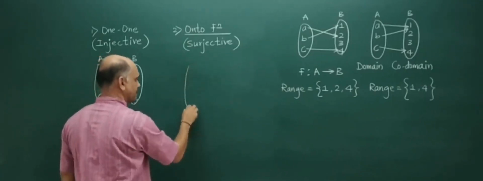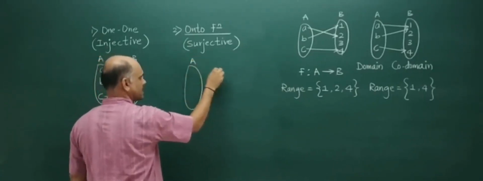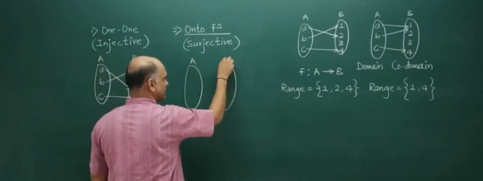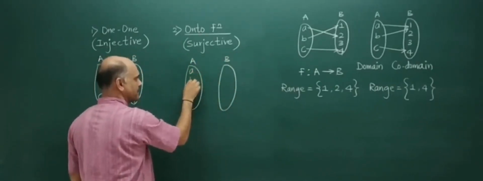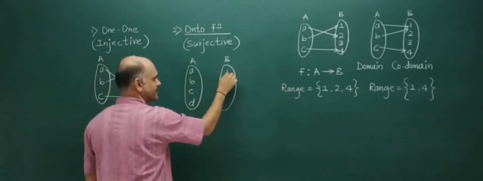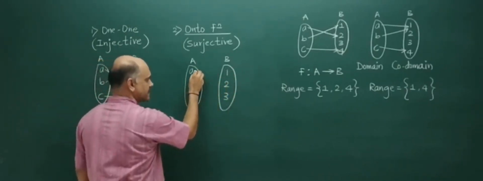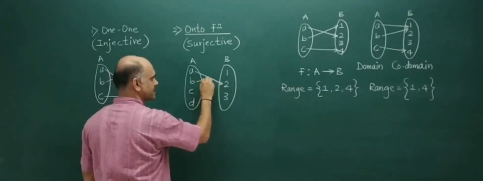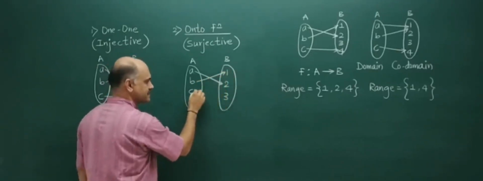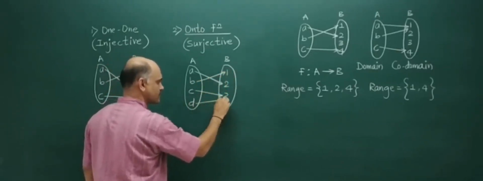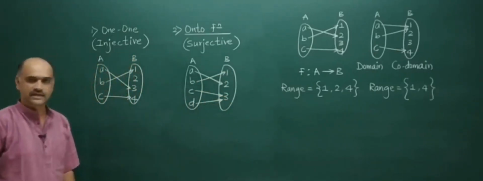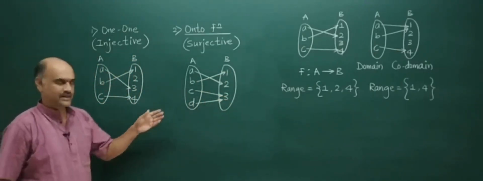So if I take here A, B, C, D, and here I will take 1, 2, 3. A is related to 2, B is related to 1, C is related to 3, D is also related to 3.